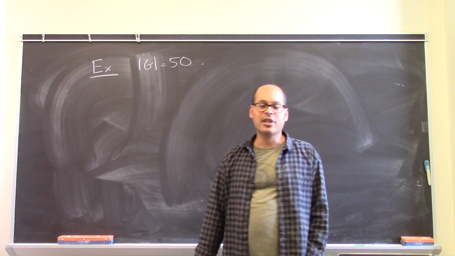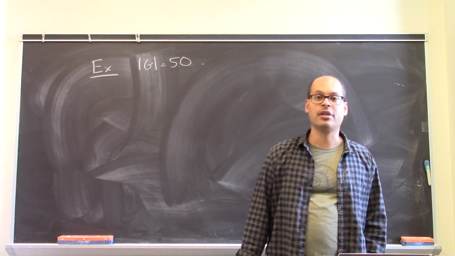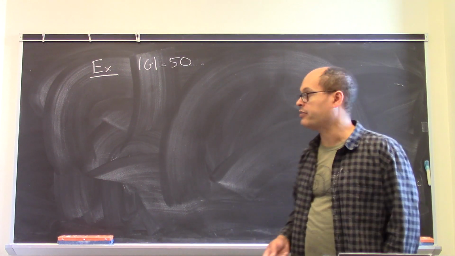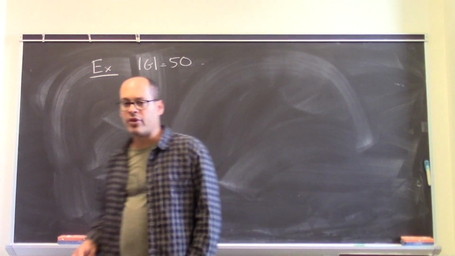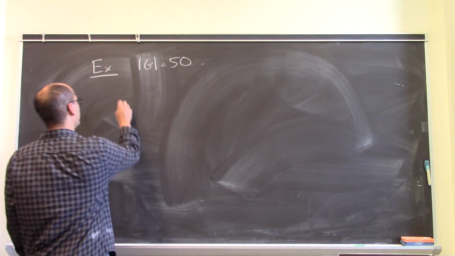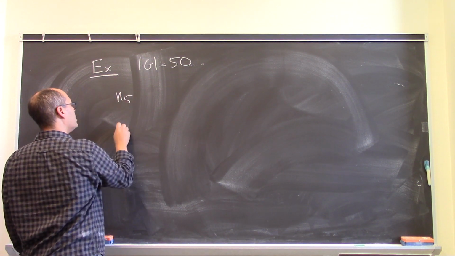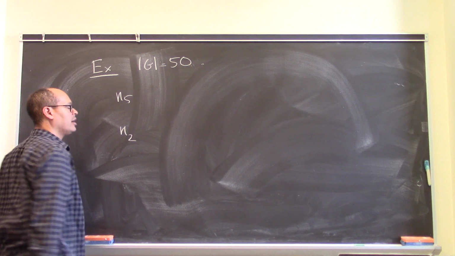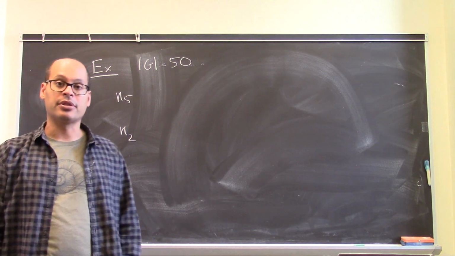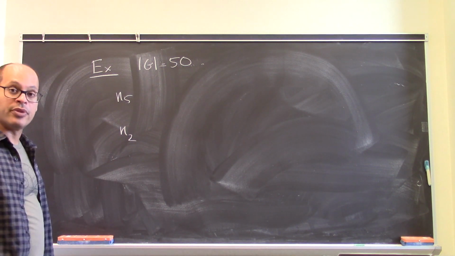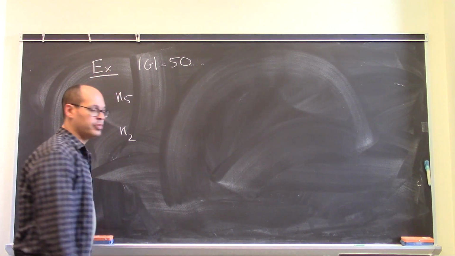All right, to get a feeling for where we are so far, let's consider looking at groups of order 50. So if you have a group of order 50, then we know that you can consider the Sylow subgroups, the 5-Sylow subgroups and the 2-Sylow subgroups, subgroups of order 25 and 2, respectively.